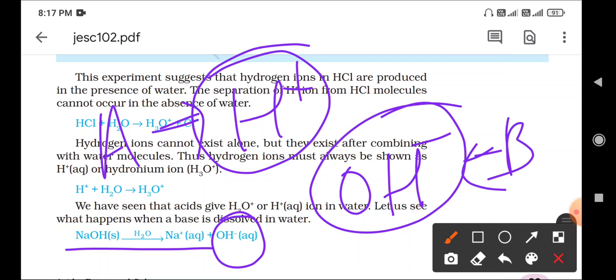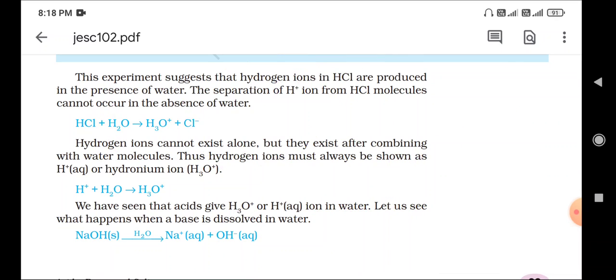Remember that, very important point. Always, acid produces H plus ions in water, bases produce OH minus ions. The plus and minus signs are very important here. This is called the hydroxide ion. This is called the hydronium ion.